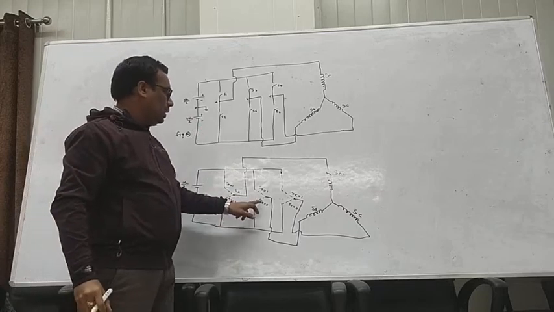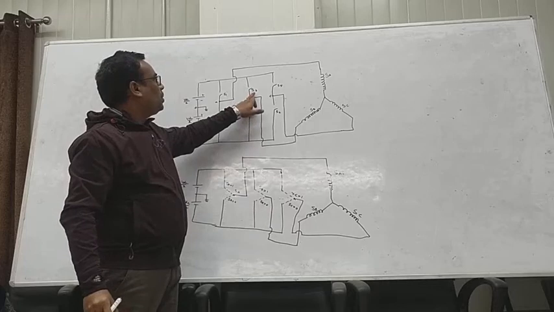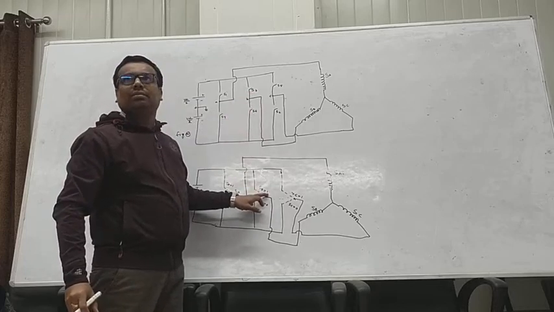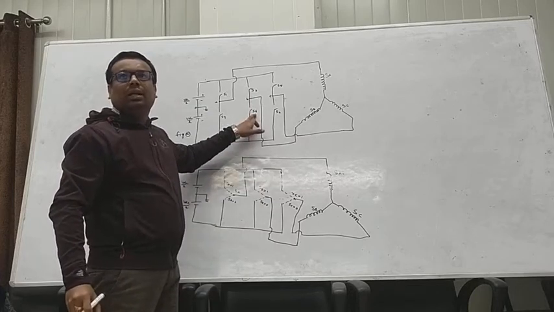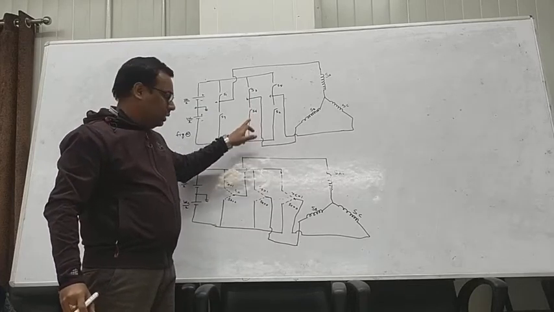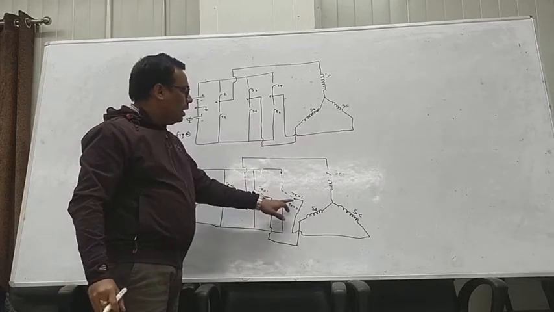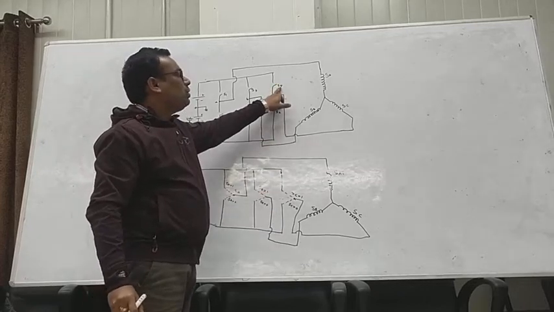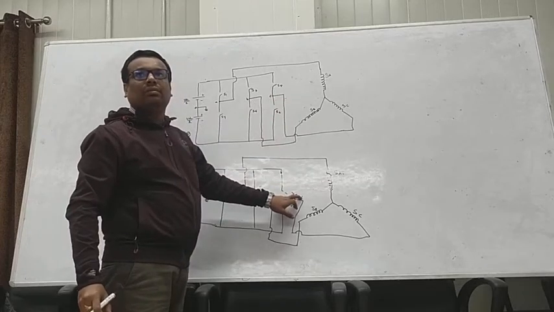Similarly, in phase B, if the upper switch S3 is turned on, then SB is equal to 1. If the bottom switch of the same leg, S6, is turned on, then SB is equal to 0. In leg C, if the upper switch S5 is turned on, then SC is equal to 1.